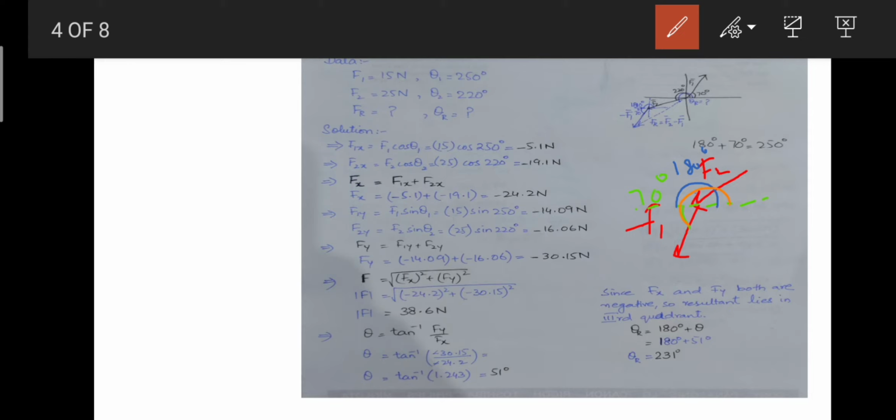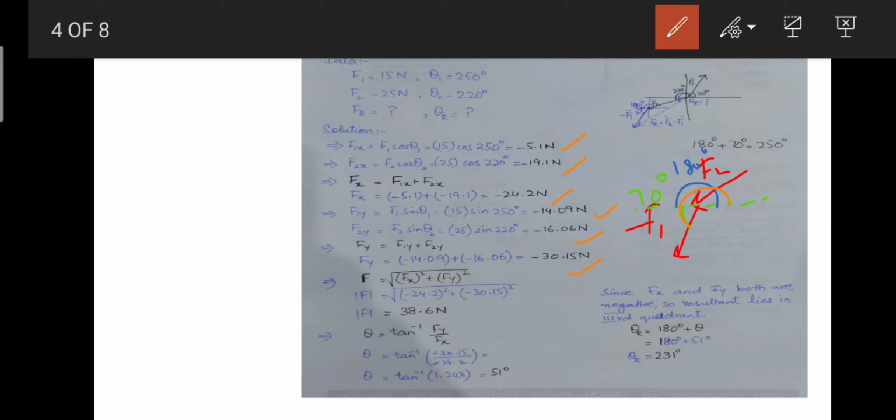If I solve it with 250 degree, how are we going to solve it? So in this regard, for f1x we have the value minus 5.1 newton, f2x we have minus 19.1 newton. Summing up both, we get minus 24.2 newton. Then f1y minus 14.09, f2y minus 16.06, then fy, the sum of both, will be equal to minus 30.15 newton. Taking out the magnitude of the forces, this is 38.6 newton.